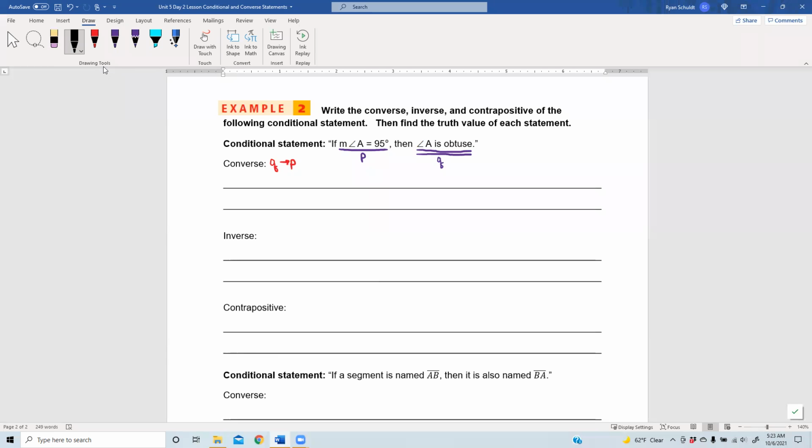So if angle A is obtuse, then the measure of angle A equals 95 degrees. Now notice, for my hypothesis and conclusion, I do not include the words if and then.